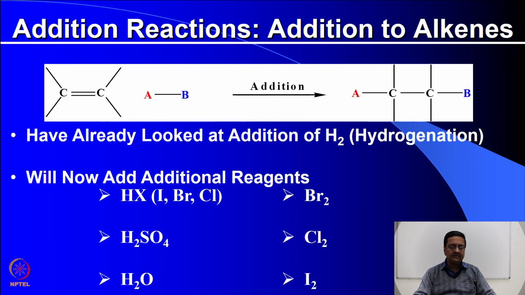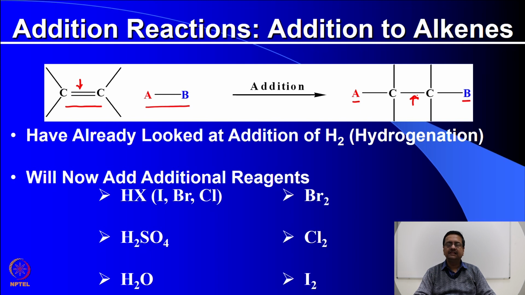So, to start with, when we think of addition reactions, that means we are talking about saturation of an unsaturated carbon compound. So, for example, if we have a C=C double bond, as is shown here, and if we want to add a substrate which is AB, maybe unsymmetrical or symmetrical, then this A and B get added and the double bond is converted to a single bond.